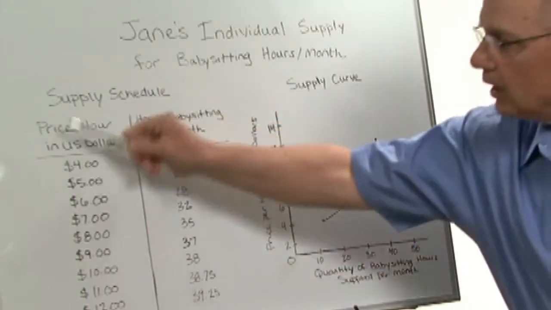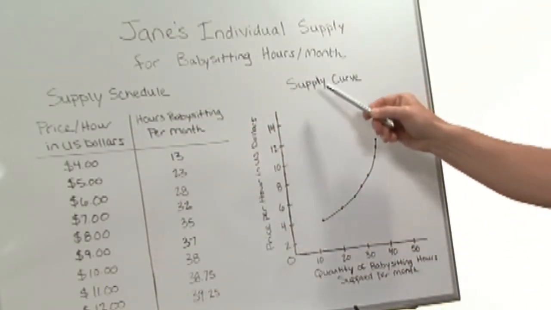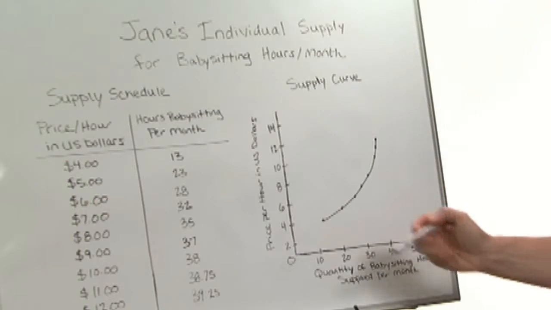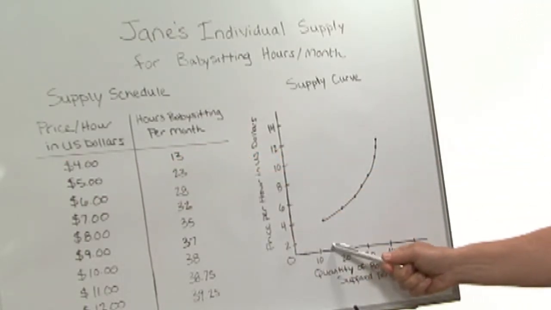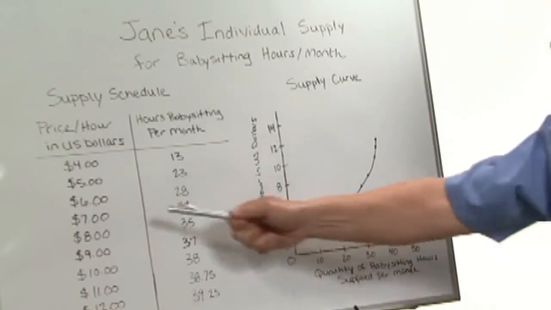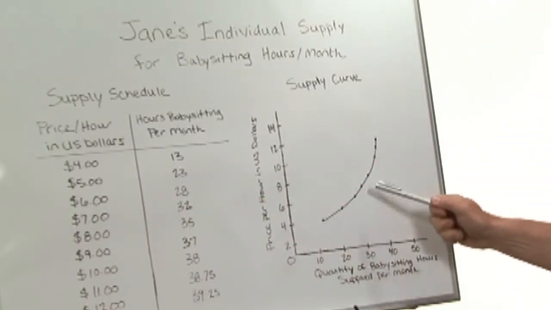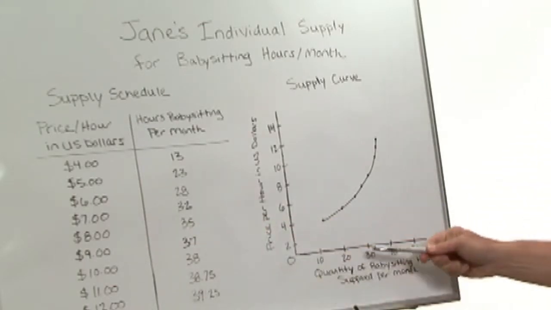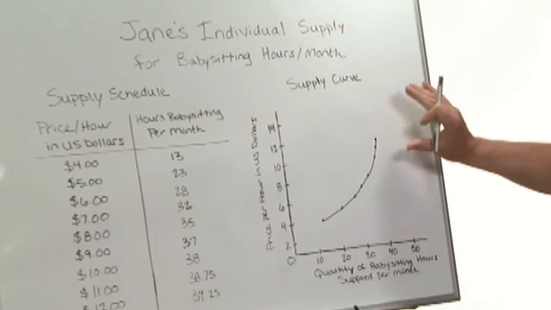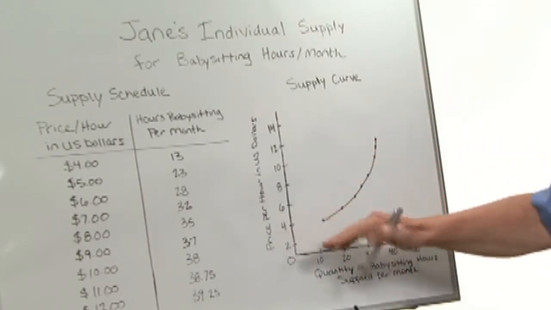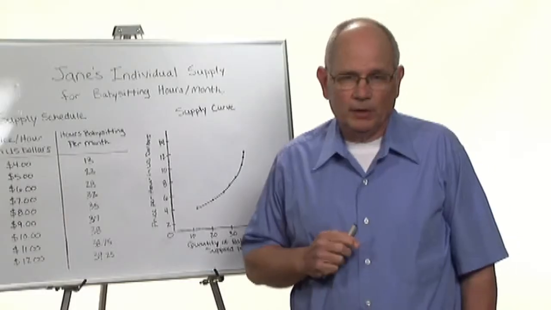Now we can take the data from the supply schedule and plot it on Jane's supply curve. Here again we see that at $4, she babysits 13 hours. And then at $7 an hour, she babysits 32. And finally at 9, we're up to 37 hours. So we can see again the relationship where the higher the price, the more hours Jane is willing to babysit.